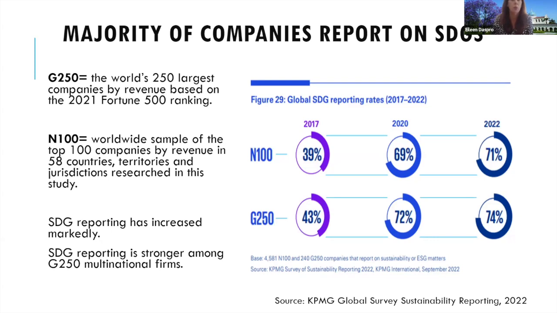So there is stronger reporting among the large multinational firms that might perhaps face more significant pressure by different stakeholder groups to engage in this reporting. But across the board, the reporting has increased significantly. And that's really important to understand because it's a validation of the fact that the global business community recognizes this framework exists, and that it's important to incorporate it into their strategy.